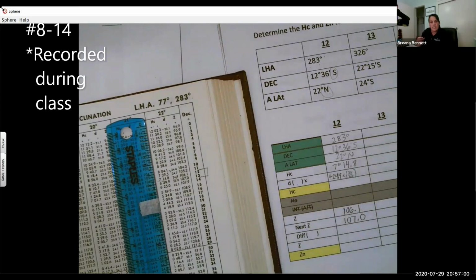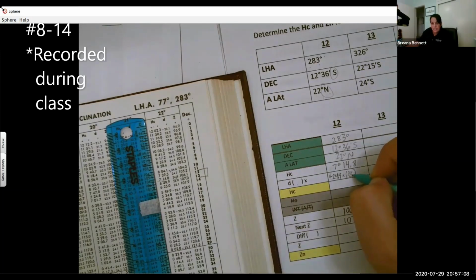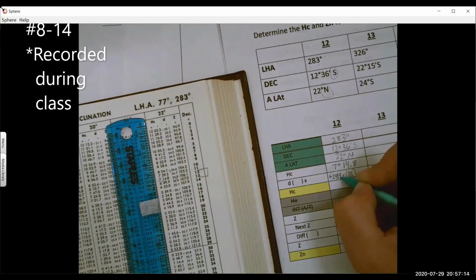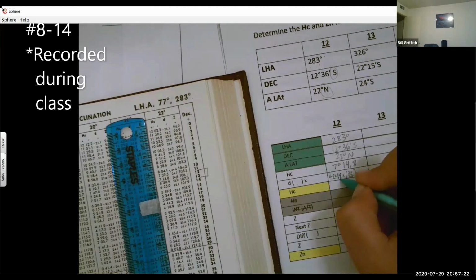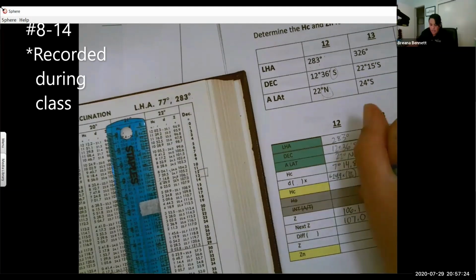It's 60% of the whole degree there. So 36/60ths times what it would take to move the whole degree. So 36 over 60 gives us 0.6 times our 24.9 gives us a correction of minus 14.9.